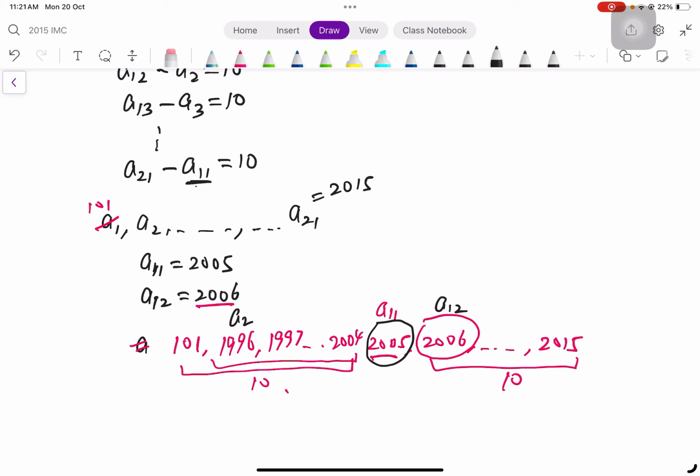Therefore, the middle number is 2005. Yes, that's it.